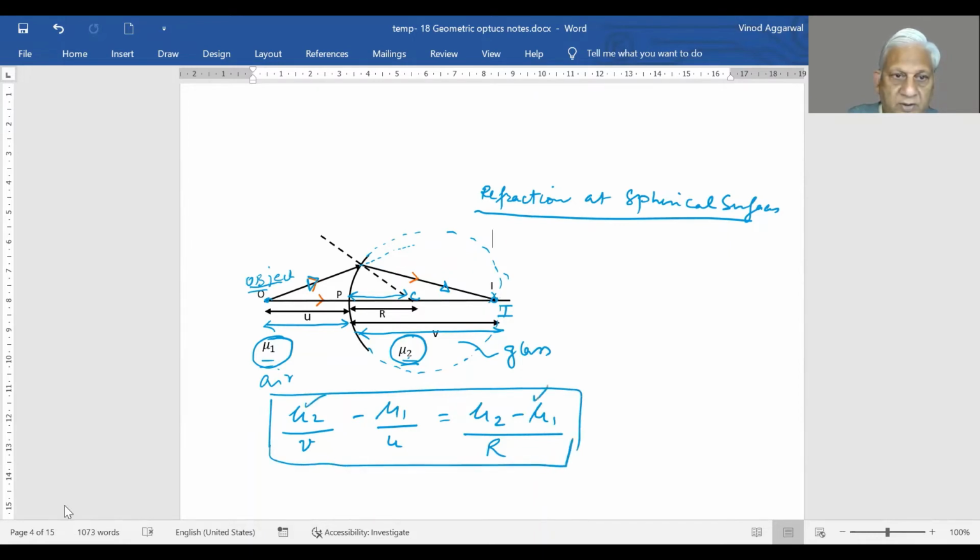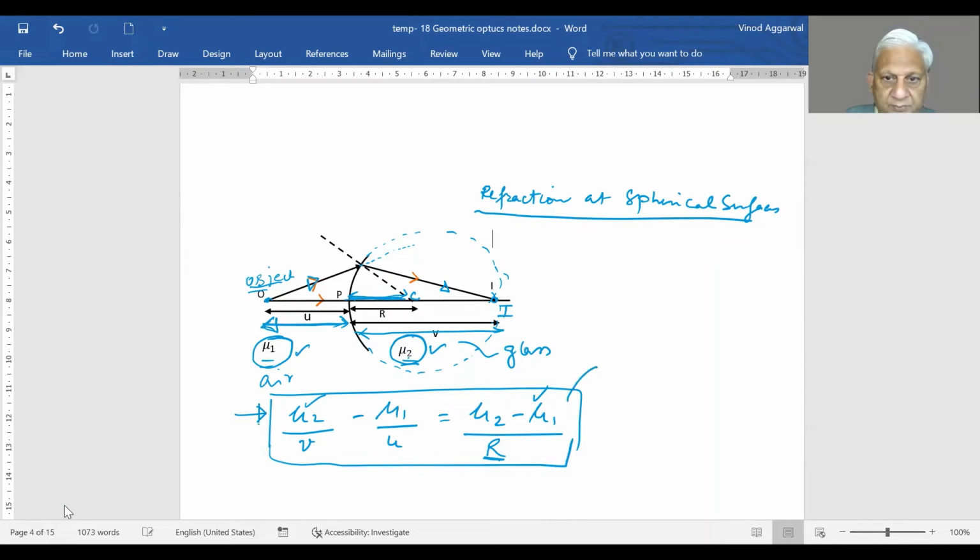mu1 and mu2 we have already seen. This is mu1, this is mu2. This distance is V and this distance is U. R is radius of curvature, which is this much. So this becomes our formula.